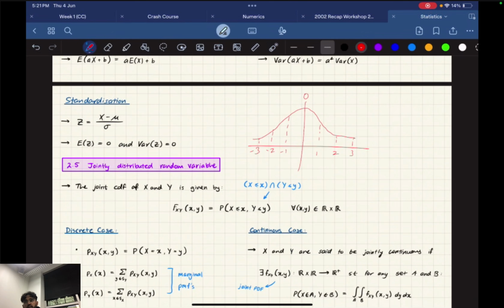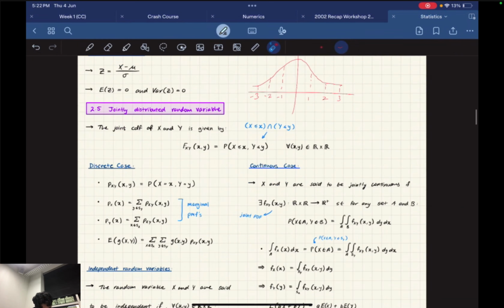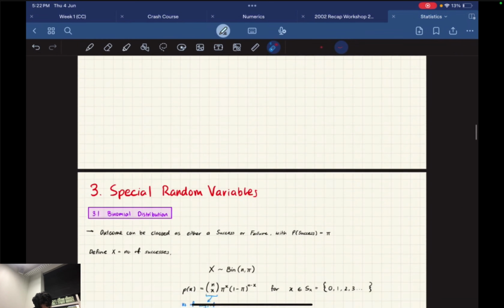We can say it's 1 away, 2 away, 3 away. It's the same thing as earlier. This consists of 67% of our probability. This is 95, and the other one is 99.7, right? This is some high school stuff still, so I'm going to skip through this.